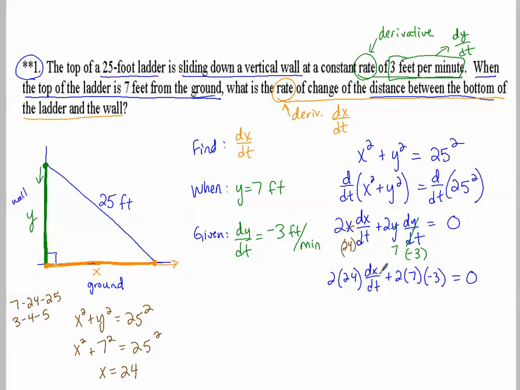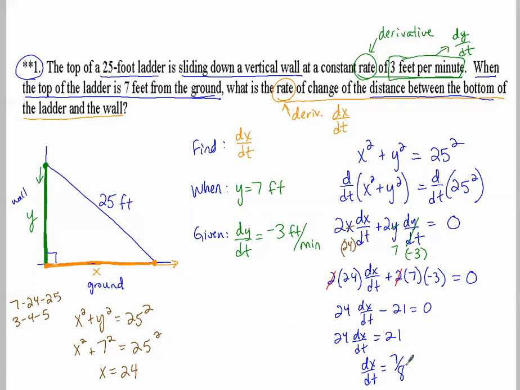Solve for dx/dt. I could have divided out the 2's. That would have made it a little bit faster. Divide out 2. Then I only have to do 24 dx/dt minus 21 equals 0, or 24 dx/dt equals 21. Divide by 24, and we get dx/dt is 7/8.